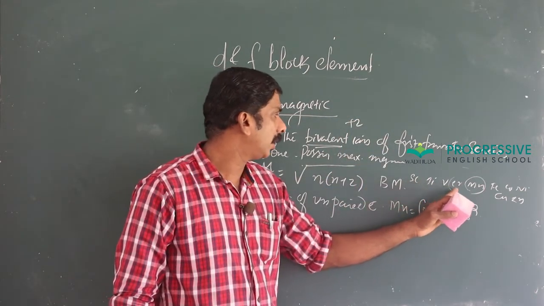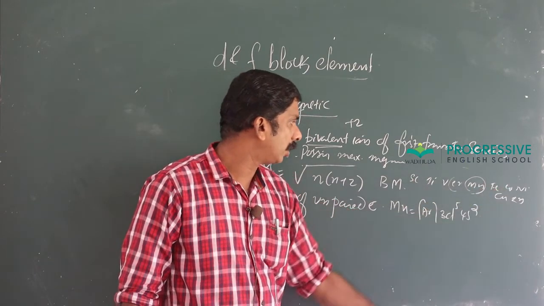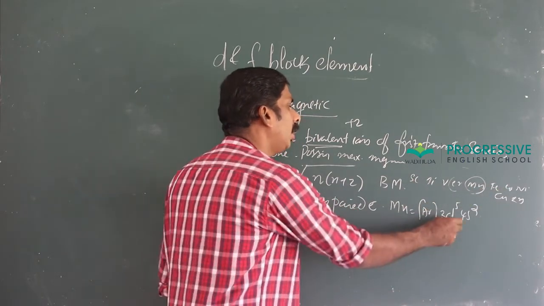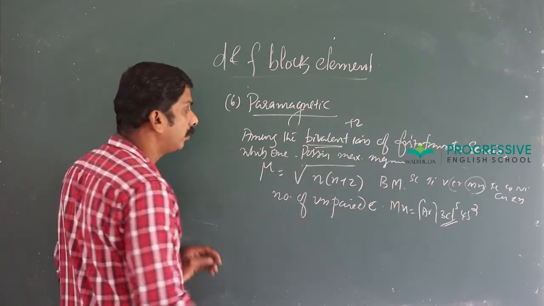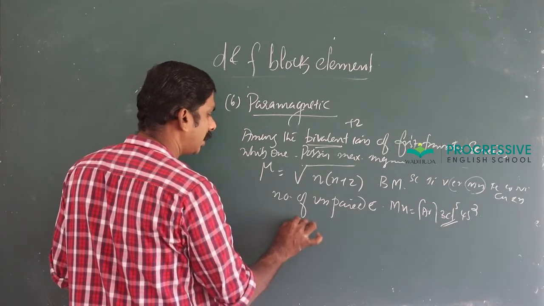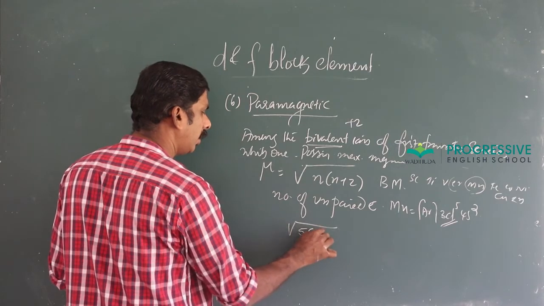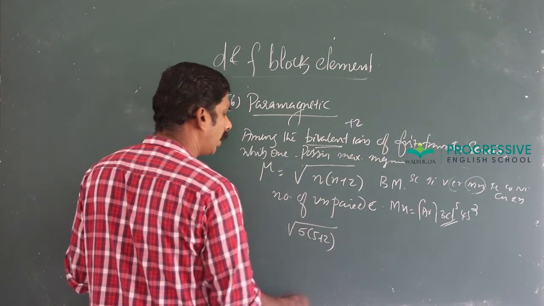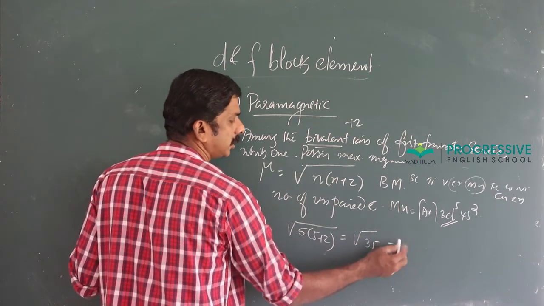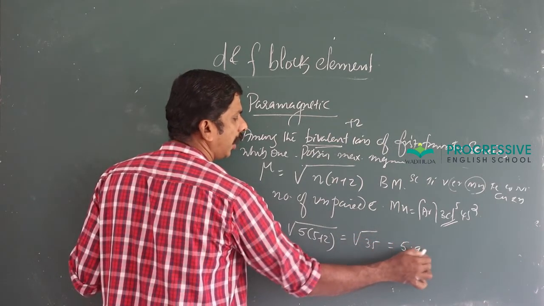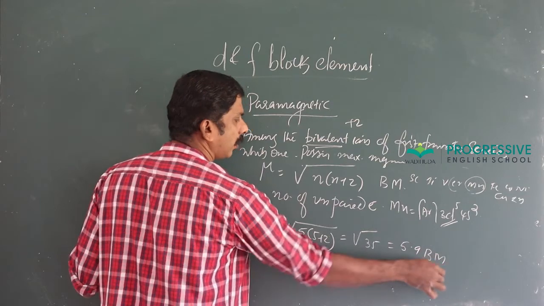Manganese possesses d5 configuration, 3d5 configuration. Therefore, the magnetic moment is root of 5 into 5 plus 2 Bohr magneton, or root 35, that is equal to 5.9 Bohr magneton.